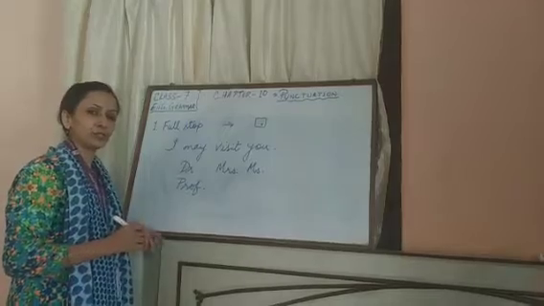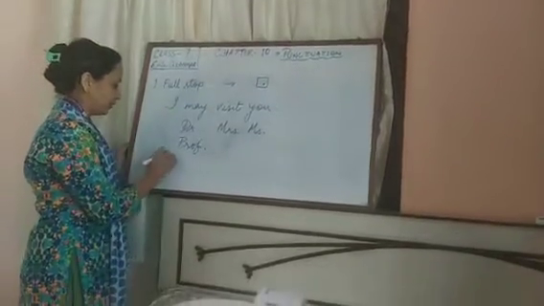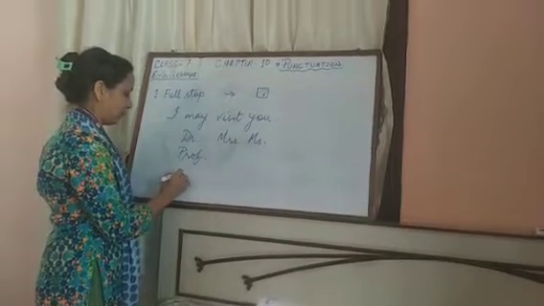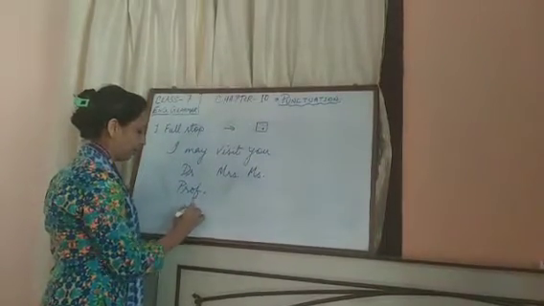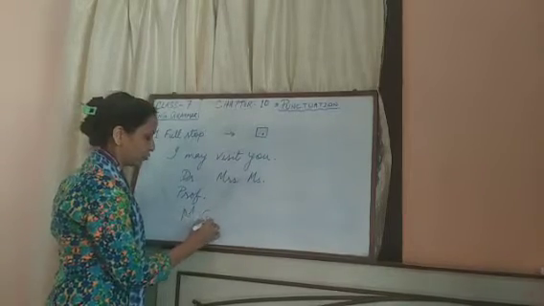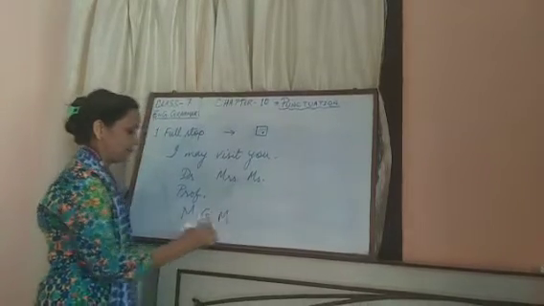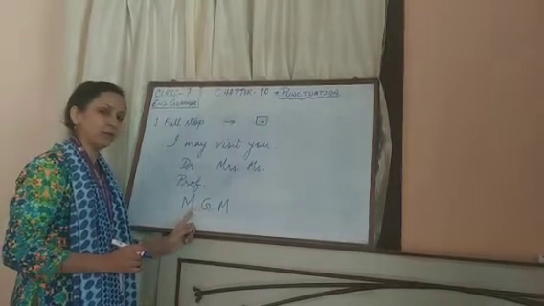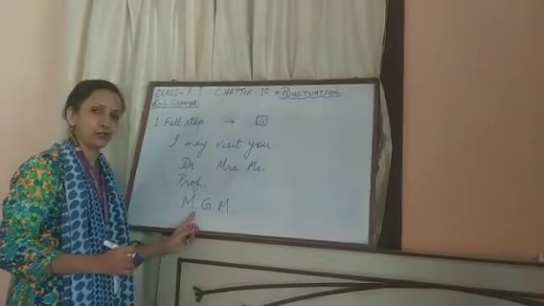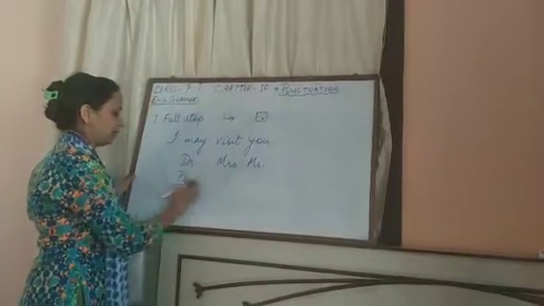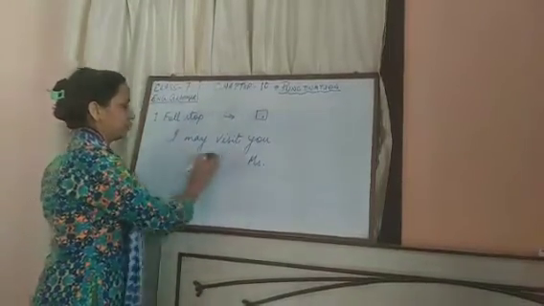Then full stop is also used when any name is shortened. For example, we have our school name MGMR, Gregorius Memorial. So M full stop, G full stop, M. We use the short form of the word, and with the first letter only we use full stop after that. So that is another use of full stop.